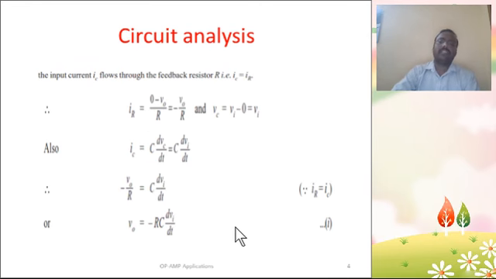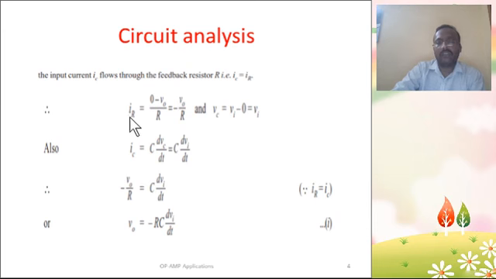Next we will see the circuit analysis of the differentiator. In this case, the capacitor current IC is equal to IR. IR means the current flowing through the feedback resistance.